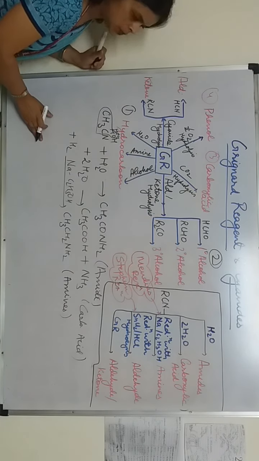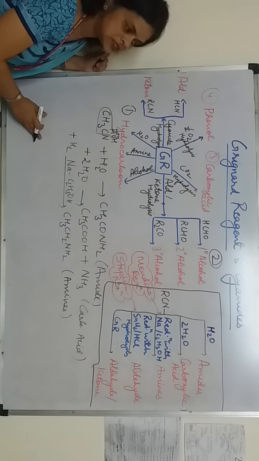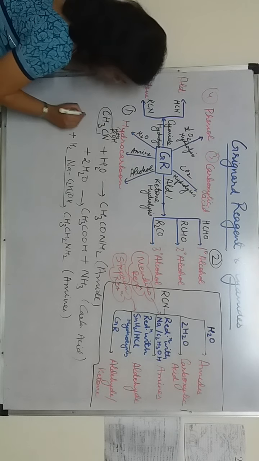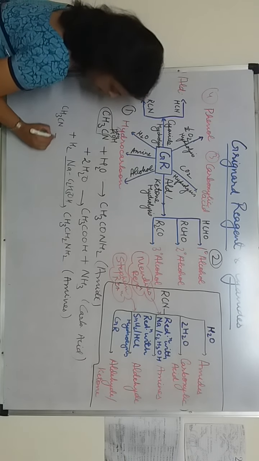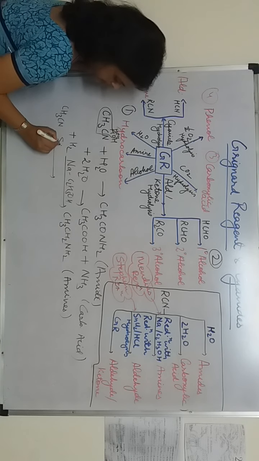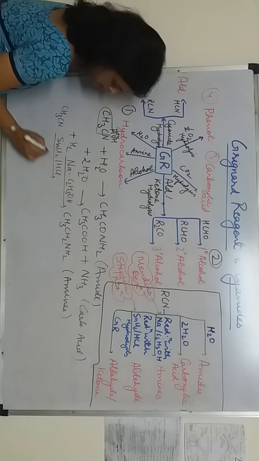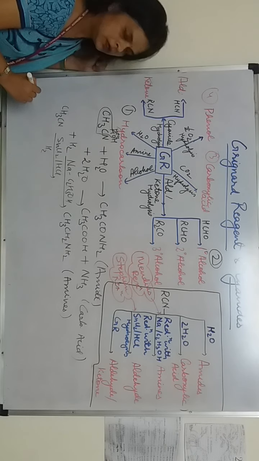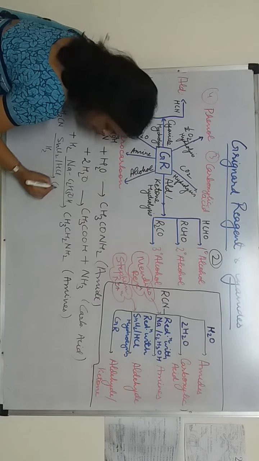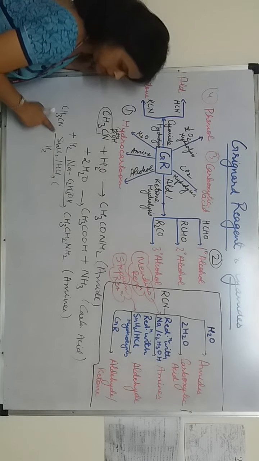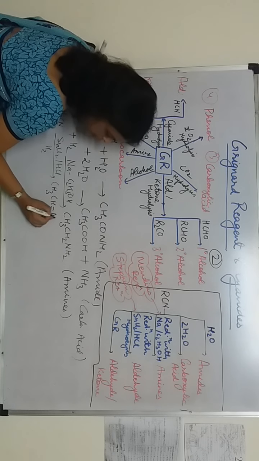Now the last reaction, where the cyanide combines with SnCl2 and HCl. CH3CN undergoes reduction with SnCl2 and HCl. What happens here? In the first step, we get the imine. One hydrogen will get attached here: CH3CH double bond NH.